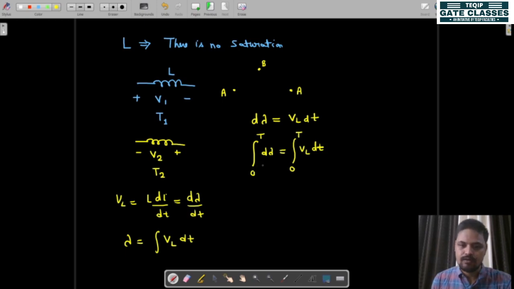This change is going to be 0 because there is no saturation. So, it will start from one point and come back to that point. So, this net change in the flux is going to be 0.